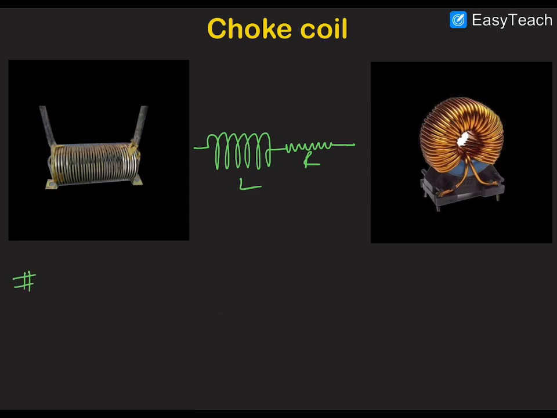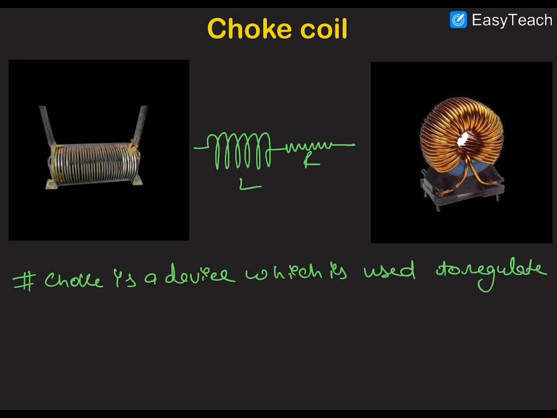Actually, the choke coil offers an impedance Z that is under root XL square plus R square, and this impedance is used to regulate the AC.